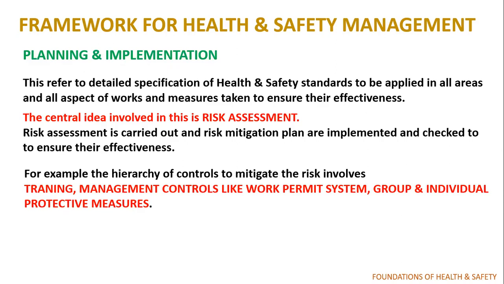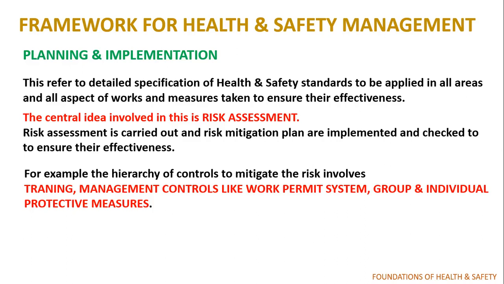The next element of the management system is planning and implementation. This refers to the detailed specification of health and safety standards to be applied in all areas and all aspects of the work, and the measures taken to ensure their effectiveness. The central idea is the risk assessment.